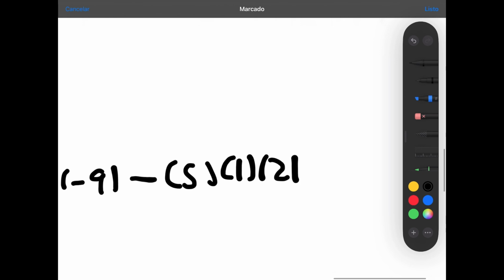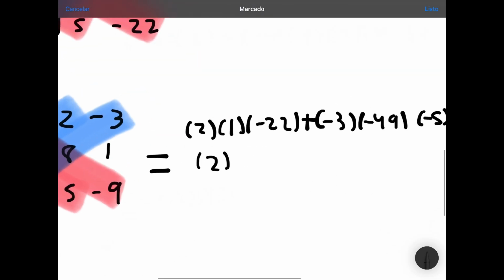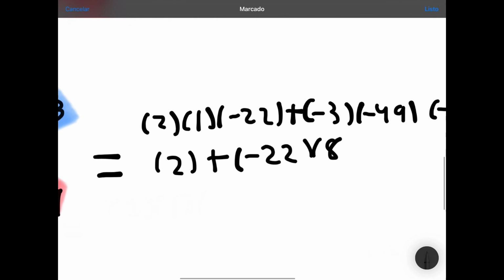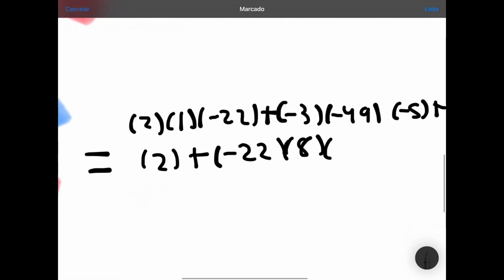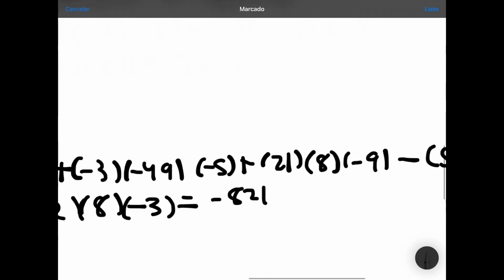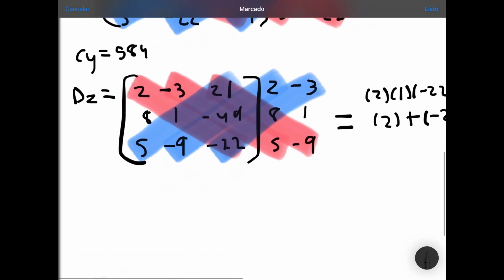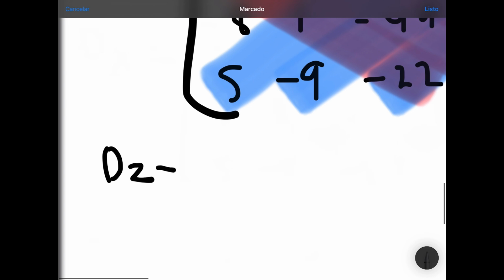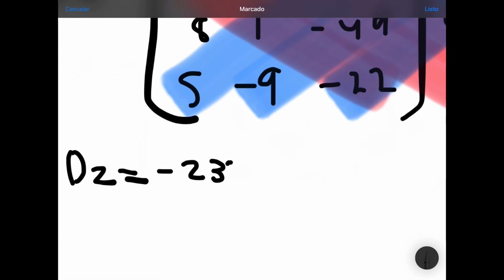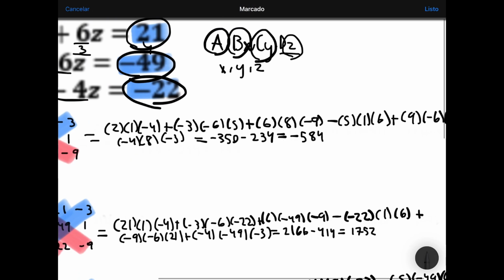So 121 plus minus 9, minus 49, minus 49, 2 plus the last row, minus 22, 8 and minus 3, which is equal to minus 821 minus 1515, which is equal to minus 2336. So DC will equal minus 2336.